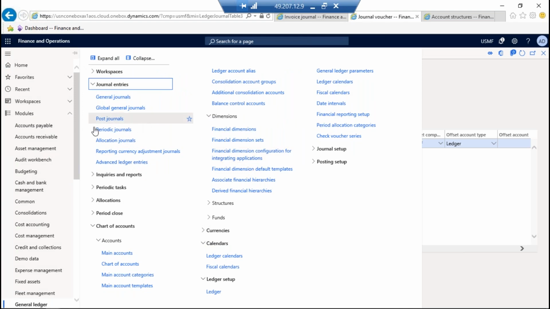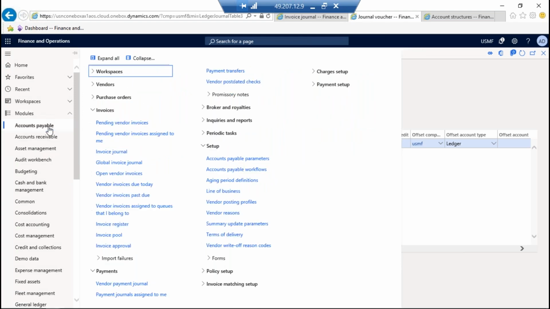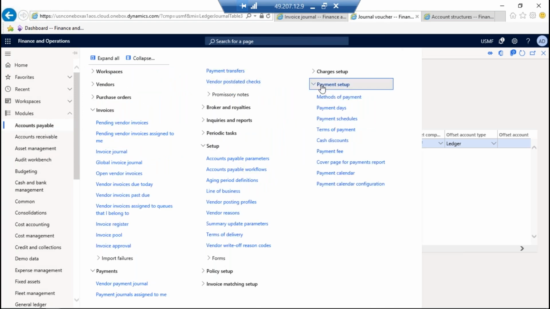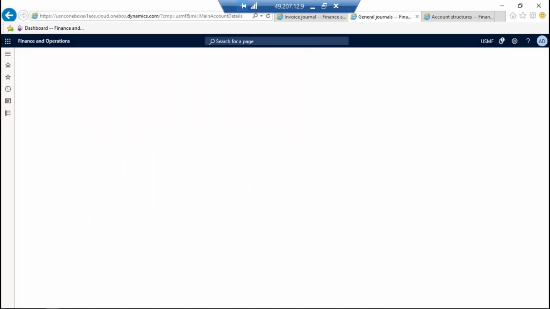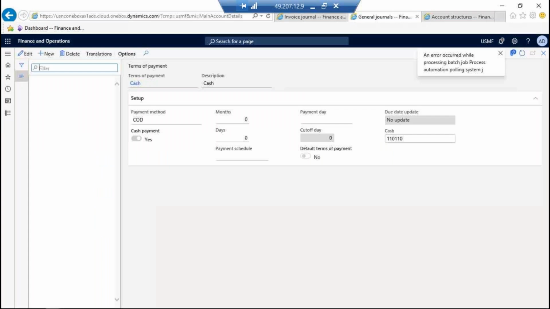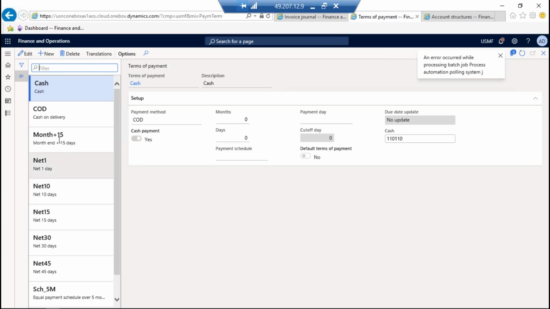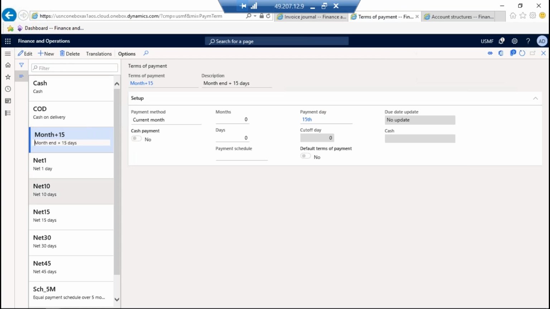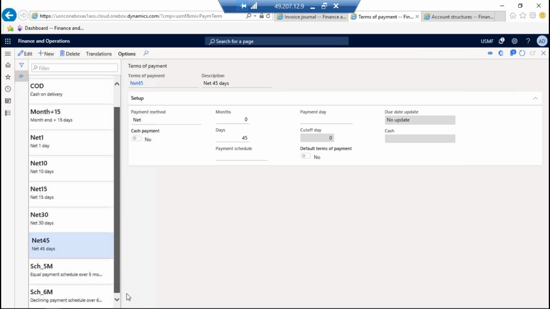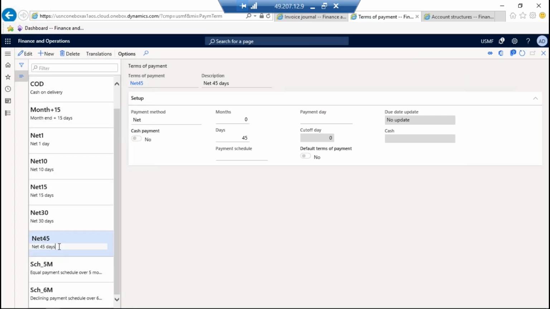Let me first show you where terms of payment is available. Accounts payable side, payment setup, terms of payment. In this we have 1 month 15 days, 15 days, 30 days, 45 days, like this it is available. I will take 45 days. We have written description 45 days.